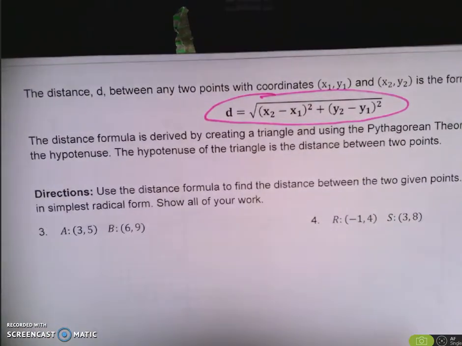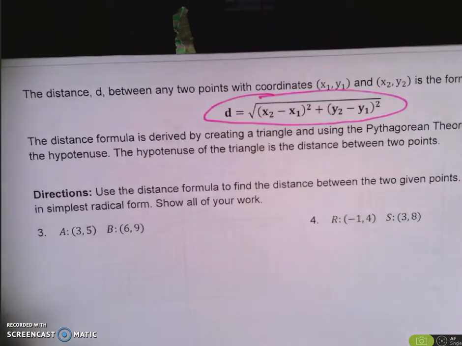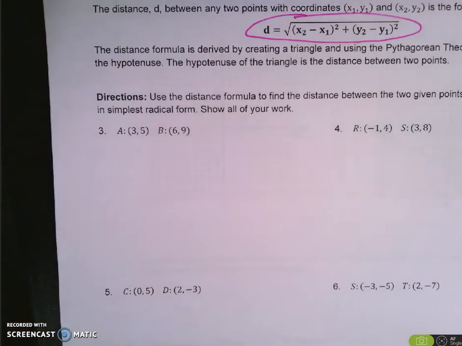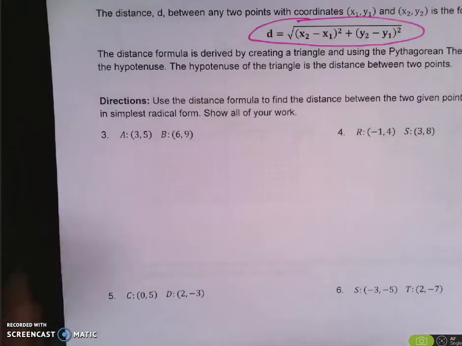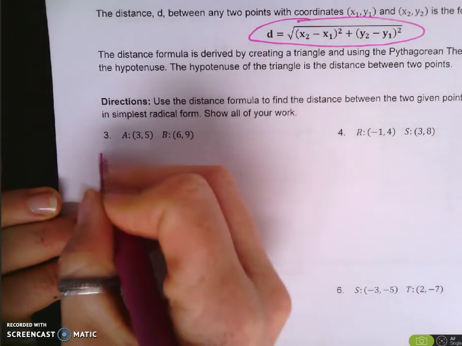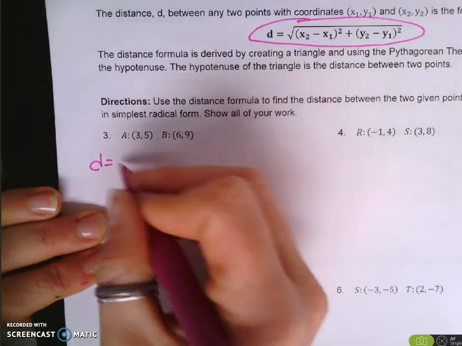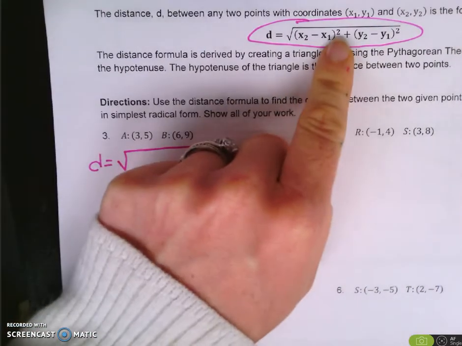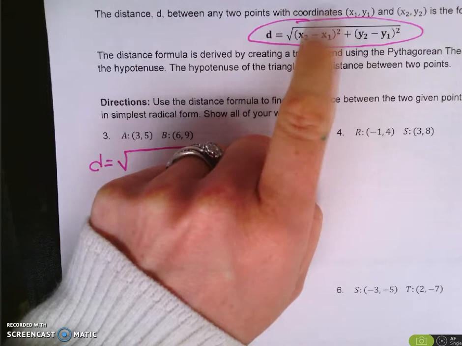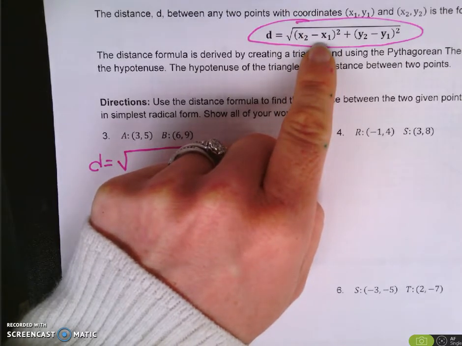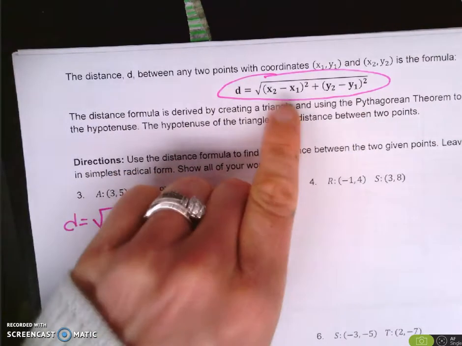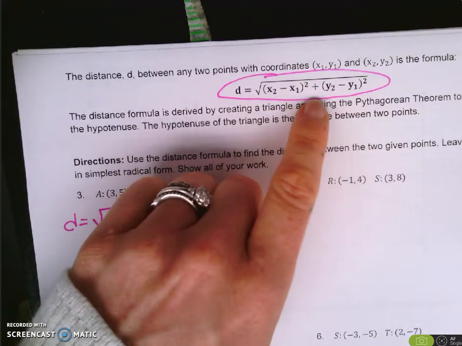So we're going to show our work and be doing a few practice problems. So I'm going to do A with you. So let's do A together. To write the equation, I'm going to write d equals, and notice what's really cool is because you're squaring, it doesn't matter what order you subtract the x's, and it doesn't matter what order you subtract the y's, and it doesn't matter if you put the x's first or the y's first because we're adding.